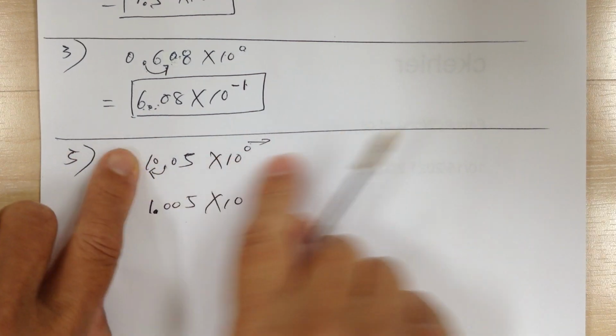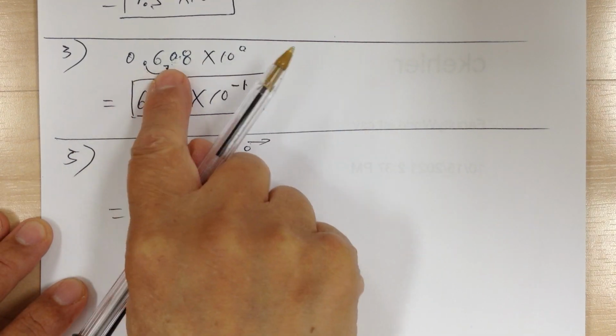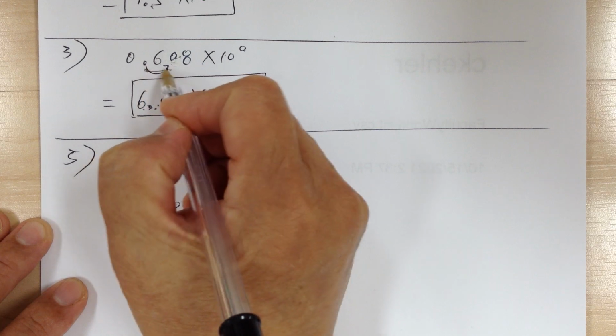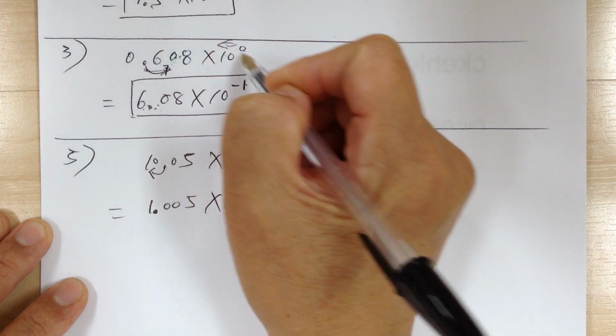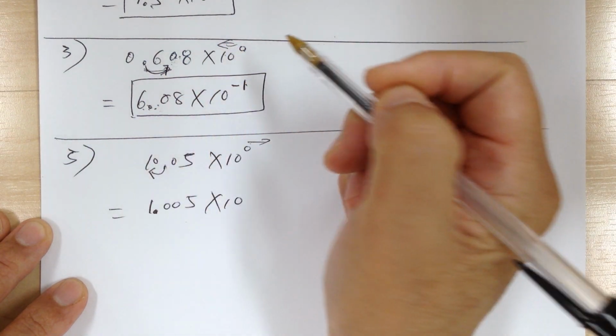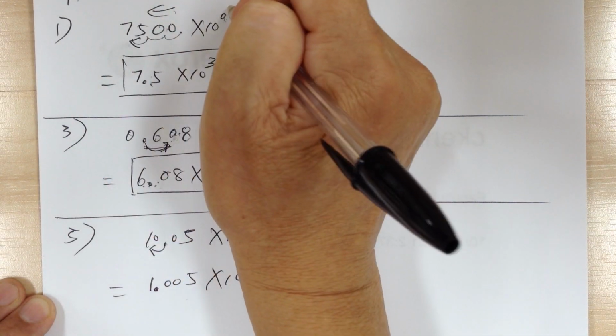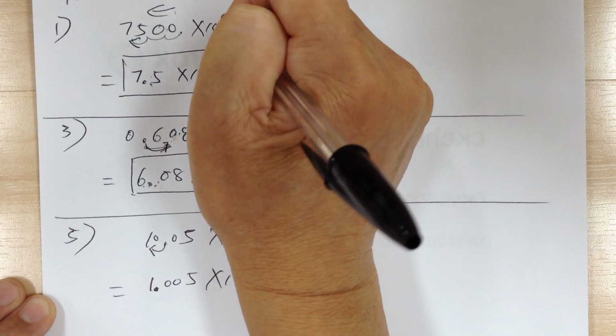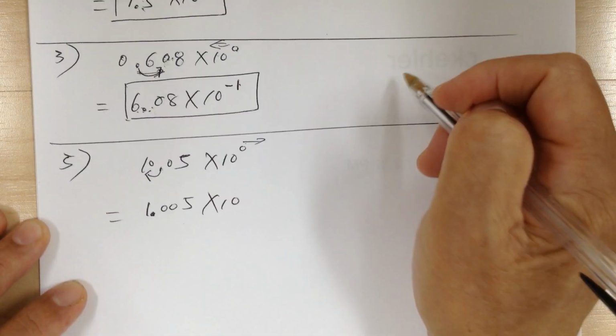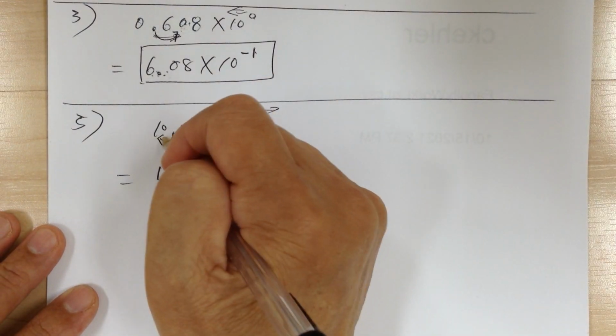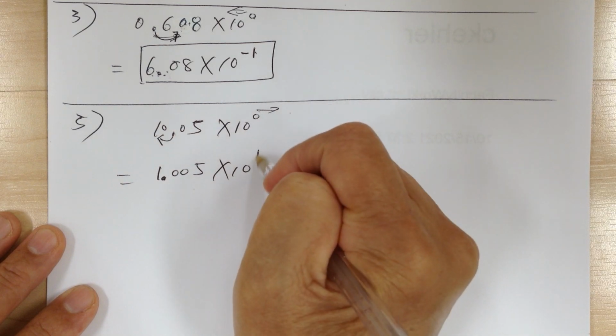They have to go opposite directions. Like this one, if you move this way, you have to move this way, and that's why when you go that way, it becomes negative. Like this one over here, you move the decimal this way, so you have to move this number this way, and that's why it becomes 3. You move over 1, so you have to move over 1 this way, so it becomes 1.